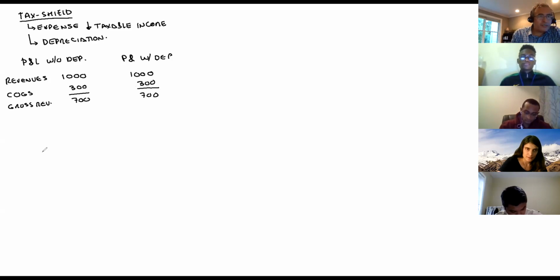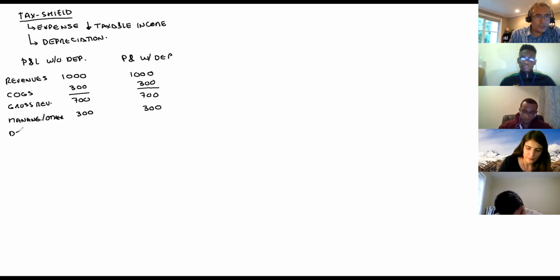Okay, so let's assume, guys, that I have management and others, so I'm just accumulating everything here. And let's assume that we also have 300. And let's write here depreciation, and put 0 first. And then, of course, what I have here is my earnings before interest and taxes. Sometimes it's earnings before interest, taxes and depreciation, EBIT. So what I will have here is 400.